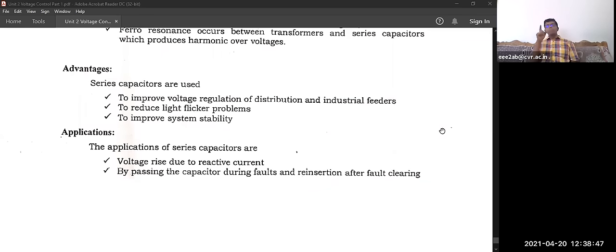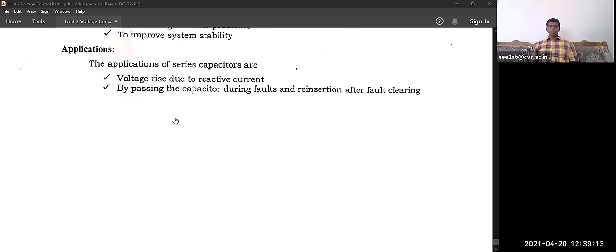Therefore, whenever a fault current happens, some circuit breaker has to automatically disconnect that particular capacitor, that is the series capacitor, so that it will not affect that much. If you keep it connected during the fault, then it is very difficult. The current is increased 2 times, so the entire system will collapse.